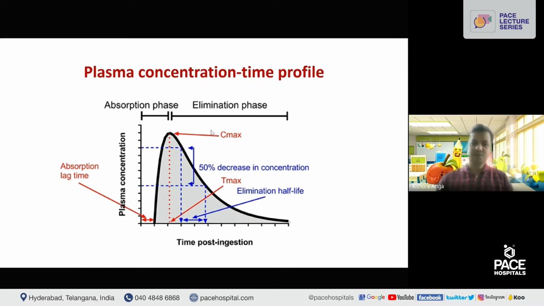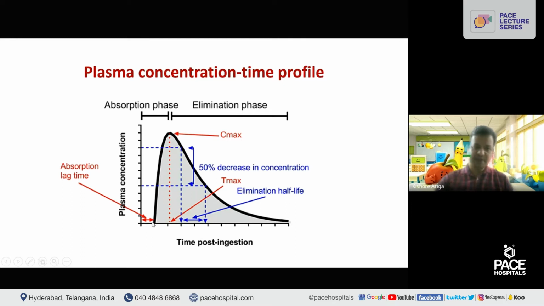This graph shows the plasma concentration time profile of a drug after administration. Here the x-axis shows the time post ingestion of the drug and the y-axis shows the plasma concentration. First is the absorption lag time, a lag between the administration and the absorption.